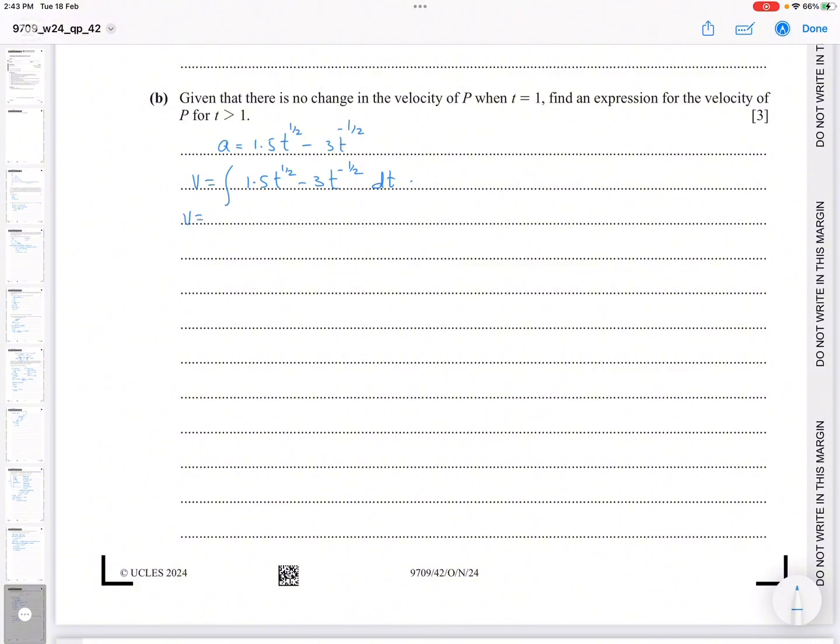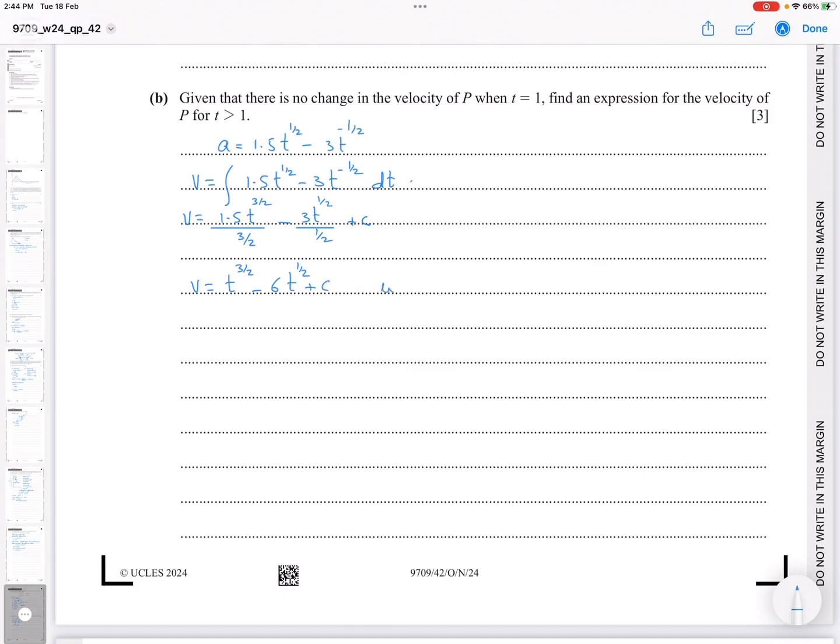So v equals 1.5 t power 3 by 2 over 3 by 2 minus 3 t power 1 by 2 over 1 by 2 plus c. So after simplification we get v equals t power 3 by 2 minus 6 t power 1 by 2 plus c.